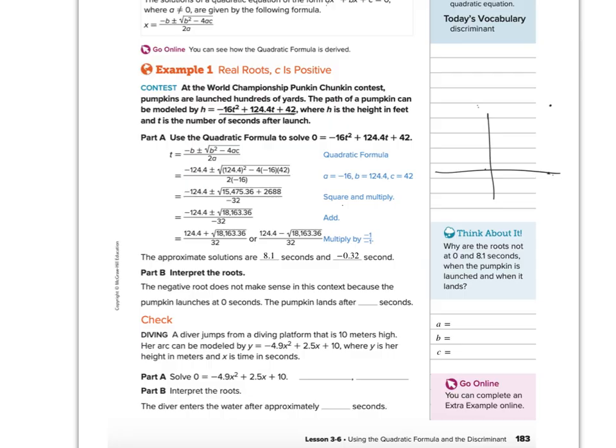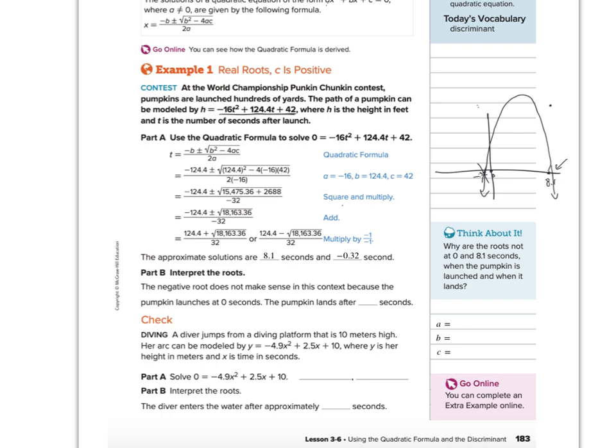So here is 8.1. This is approximately negative 0.32, and that's going back in time. So that's why this is not a solution. This is my only possible solution, knowing that that's when my pumpkin lands.